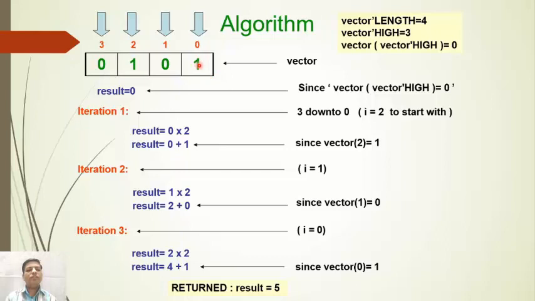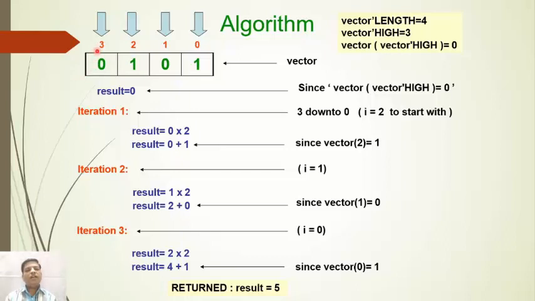That is from 0 1 2 3, so the vector length is equal to 4. Vector'high is equal to 3, because it is always counted from 0, so 0 1 2 3. So vector'high is equal to 3, and vector(vector'high) is equal to 0.